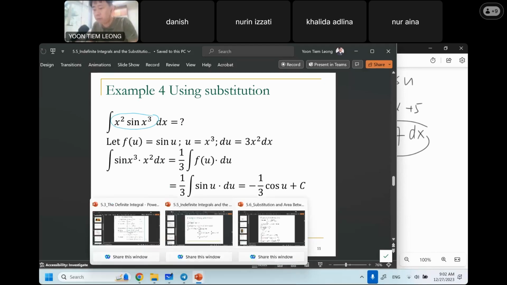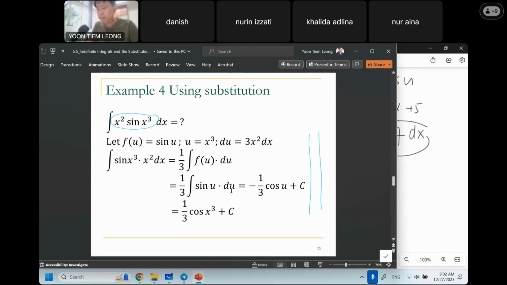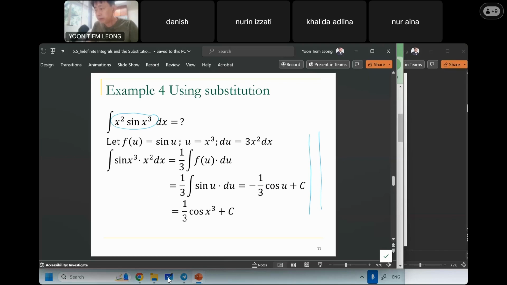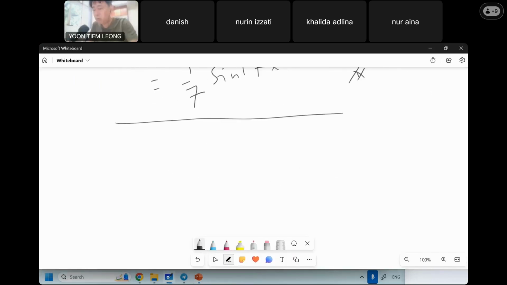Of course, all the workings are expressed here, but I am going to go through the workings or steps for this integration. So what we are looking at here is an integration of the form x squared sine of x cubed dx.